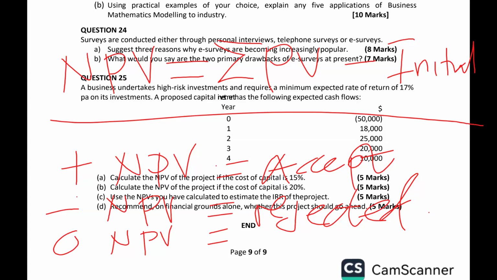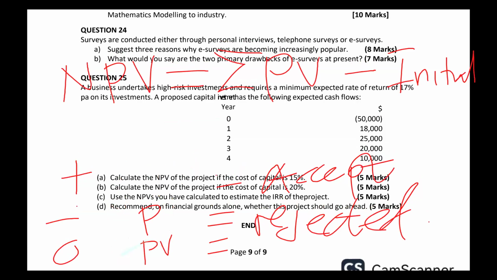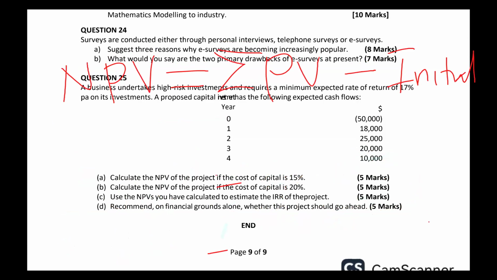Let me get back to the consolidation of the present values. Now, when we're talking about the present values, you've seen I've emphasized again, I've said the present values. There are these expected cash flows from the project. They are in the future. Listen carefully.